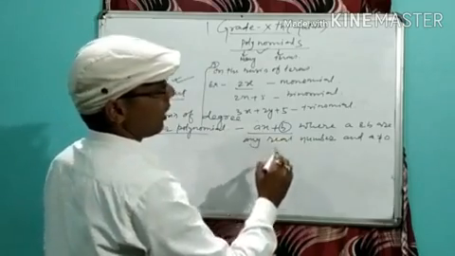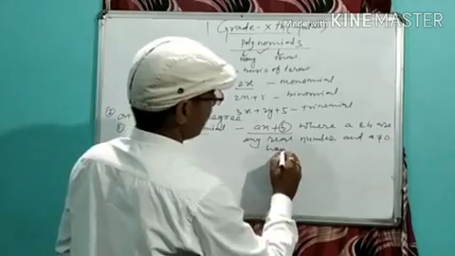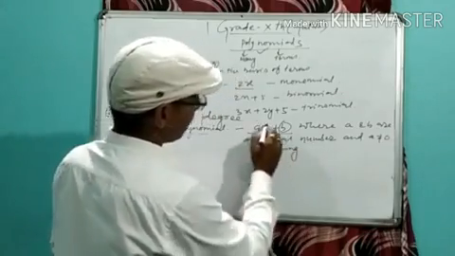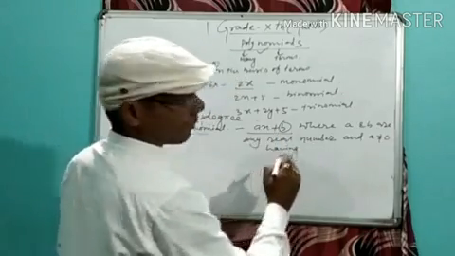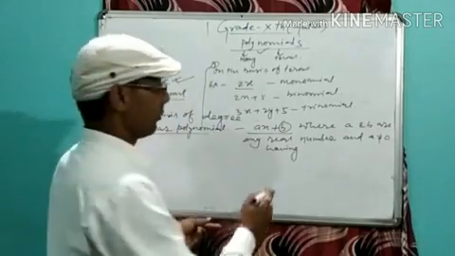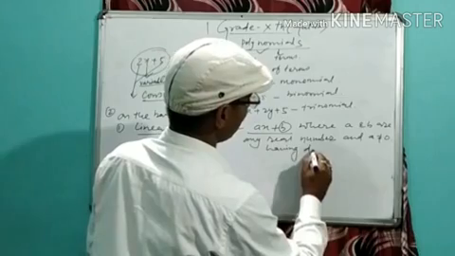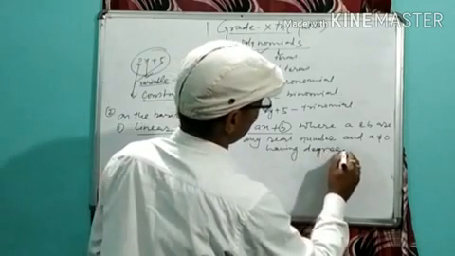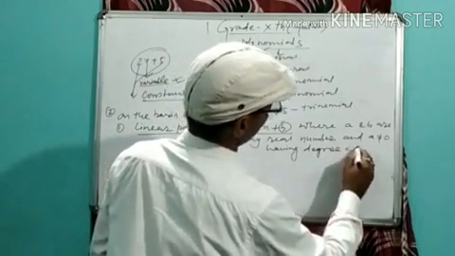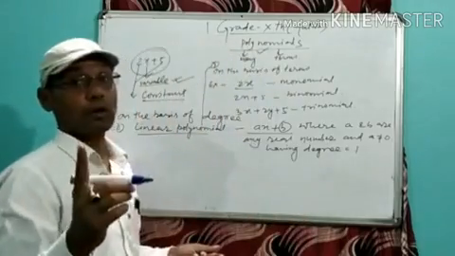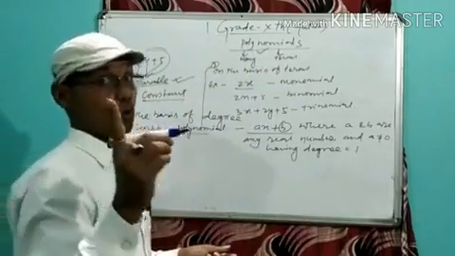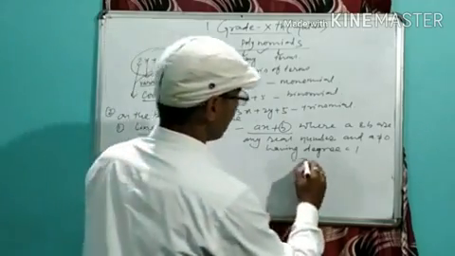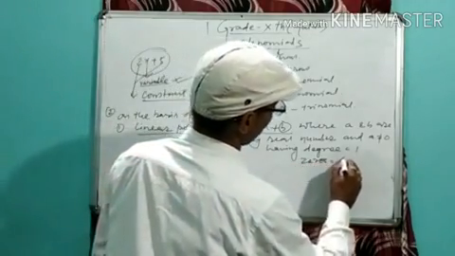What you are looking at here is the degree of the variable, which is equal to 1. If the degree is 1, certainly there will be one zero.